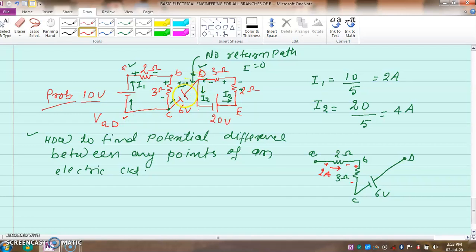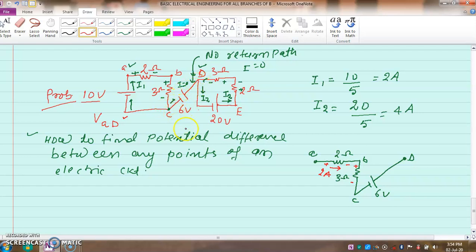You have studied this in your class 11 and 12 also. Potential depends on the end points, not the path. A, B, C, D, potential will remain the same. Or if you go from A, here, here and again here, the result will be the same.